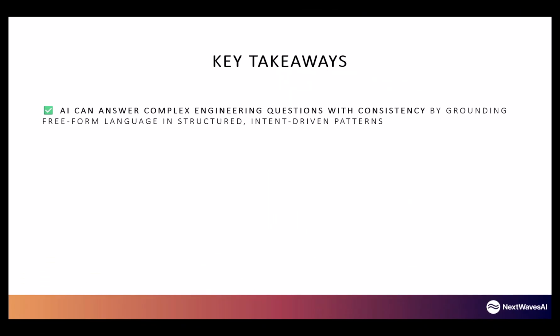So to conclude on this experiment, I have a few takeaways. The first one is, AI can definitely answer complex engineering questions, and with some good level of consistency, especially if you ground free-form language in structured intent-driven patterns, which is the core of our approach.